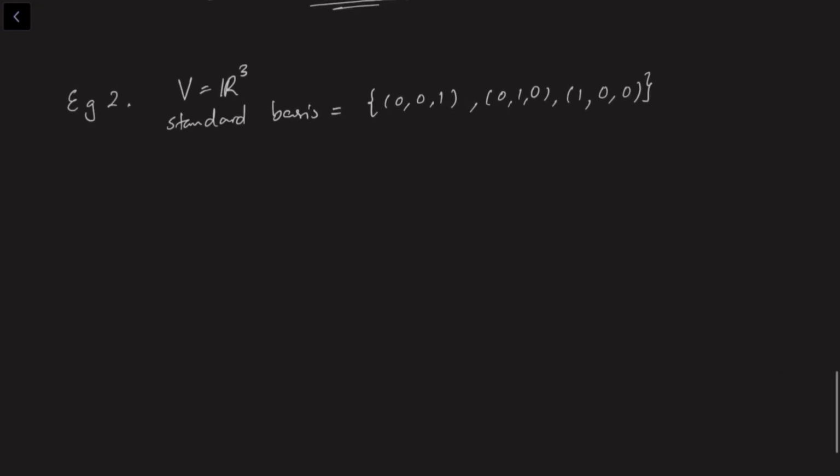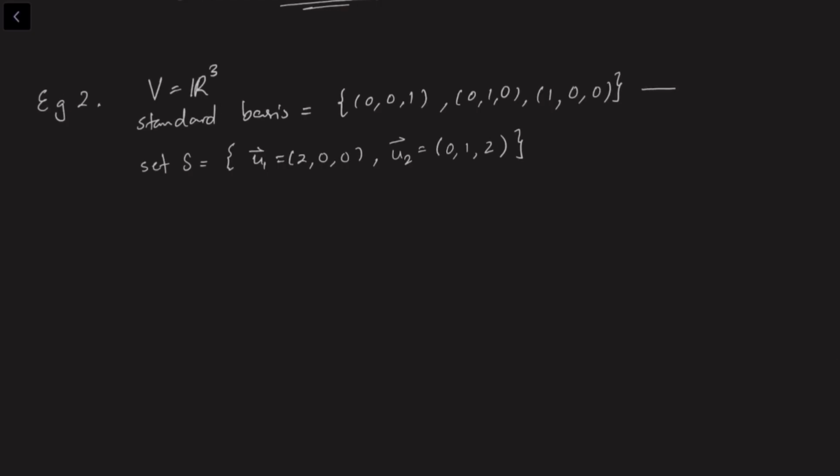Then we have a set S in V, which has the vectors u1 is 2, 0, 0, and u2 is 0, 1, 2. Let's just think about this one.